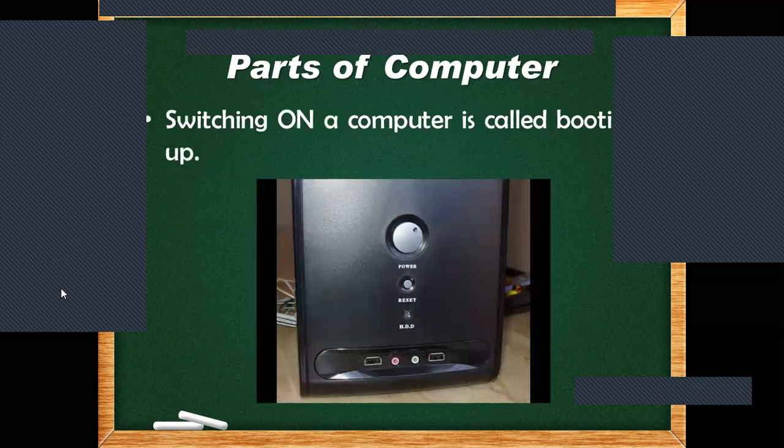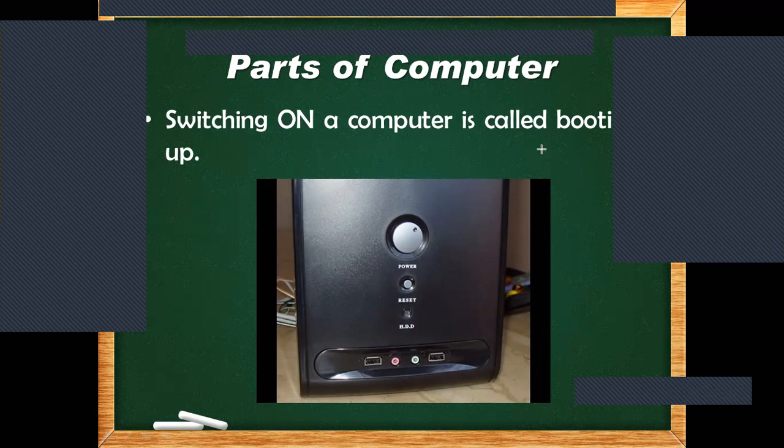Okay, who else is there? Abdullah Hisham, you are not raising your hand. Can you tell us the spelling of booting up?